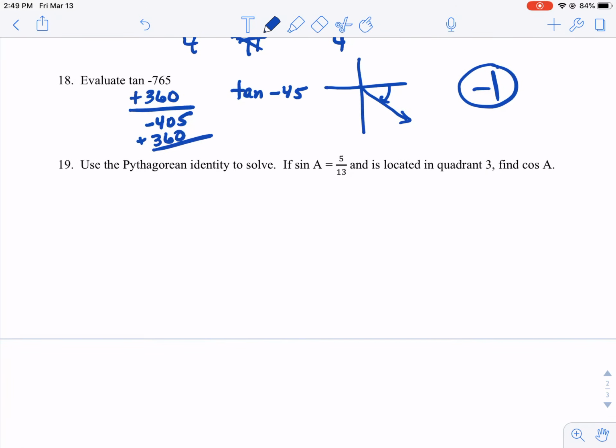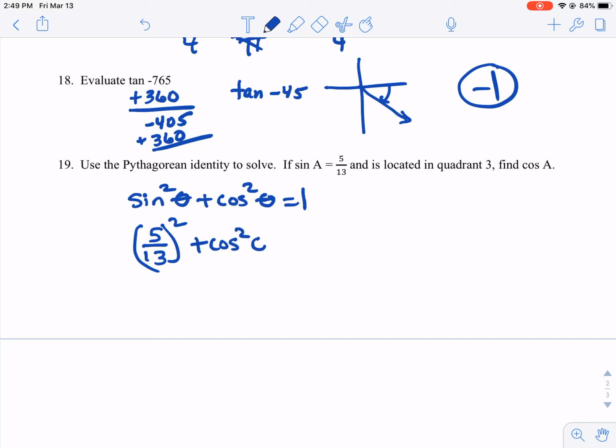Use the Pythagorean identity to solve. If the sine of A is 5/13 and located in quadrant 3, find the cosine of A. So the identity that you want to memorize is sine squared theta plus cosine squared theta equals 1. They give you the sine, so you put the 5/13 in and square it.